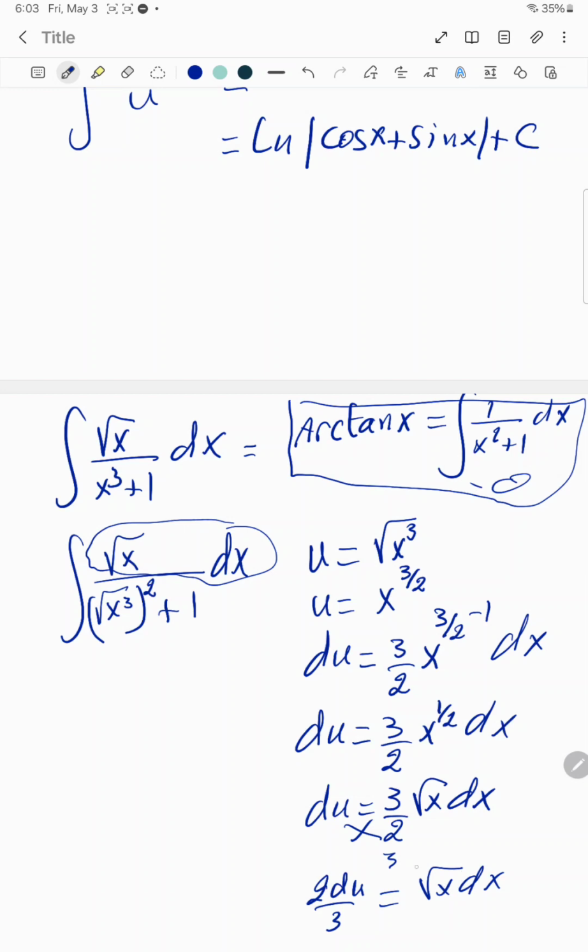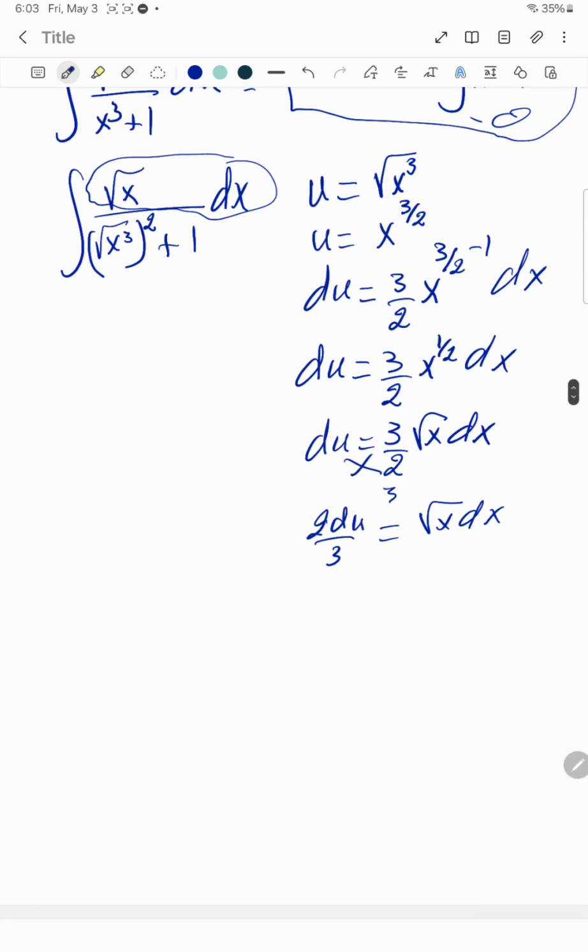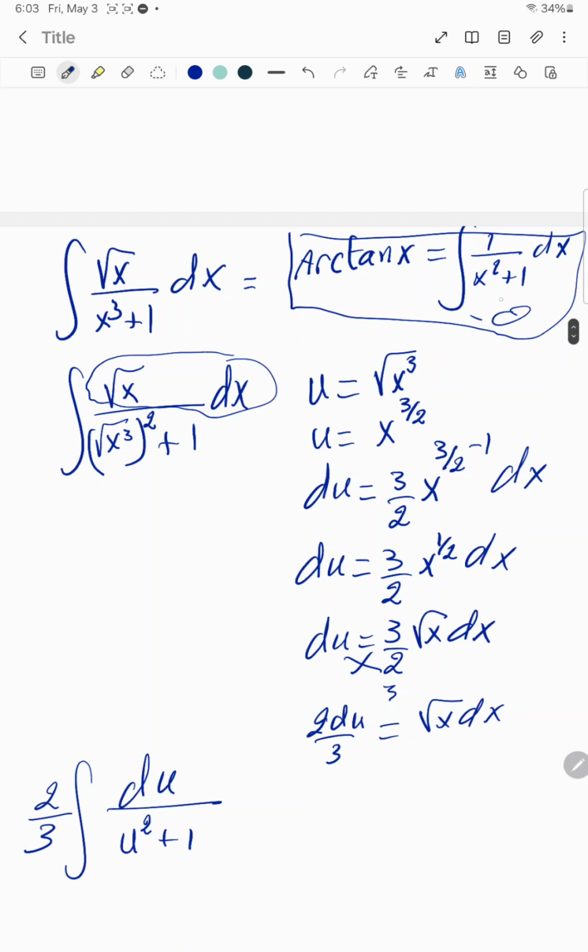So now I can replace square root of x dx by du, and the denominator is going to be u squared plus 1. So my integral becomes, I can take 2 over 3 outside because it's a constant, du divided by u squared plus 1. And I will apply the formula that I put here.